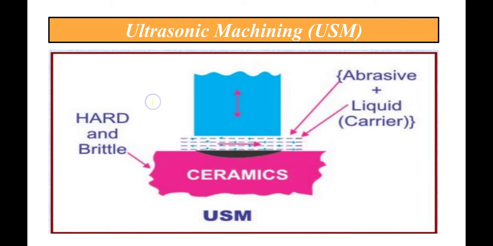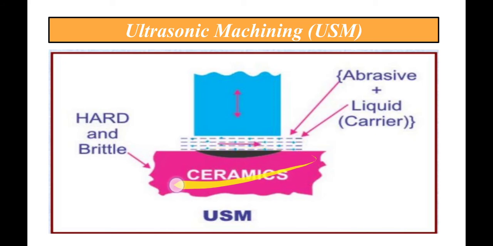It is vibrating with a certain amplitude of vibration, and here there is a slurry which consists of a liquid, say water, and abrasive particles. When the tool hits the abrasive particles, they come and strike the workpiece.